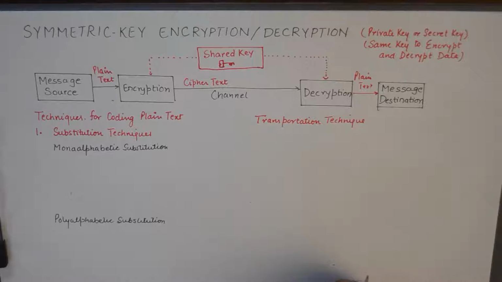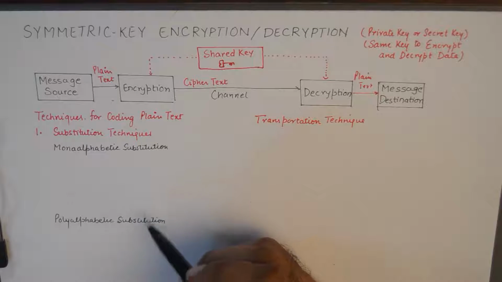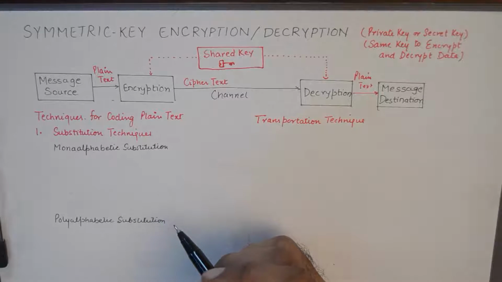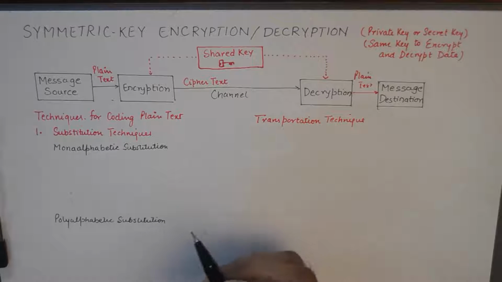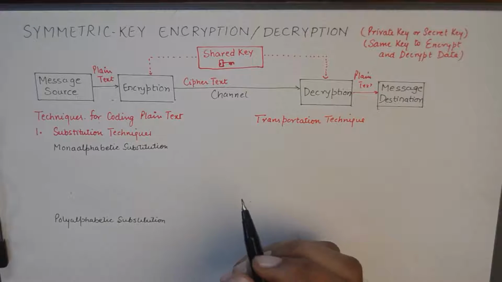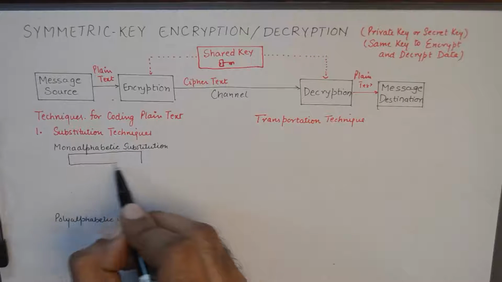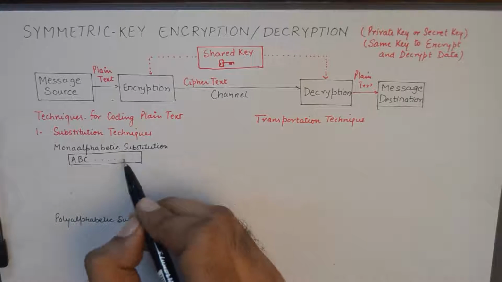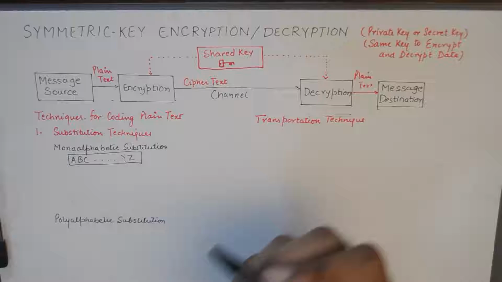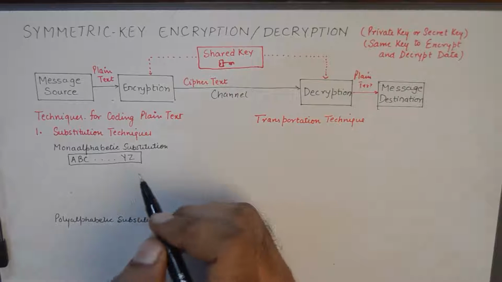The first technique that I talk about is the substitution technique, and the substitution technique further has two categories: monoalphabetic substitution and polyalphabetic substitution. I'll start with the monoalphabetic substitution, where, for example, we have a plain text like this, which could constitute any alphabet of English.